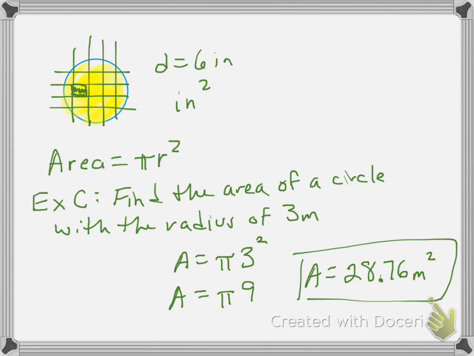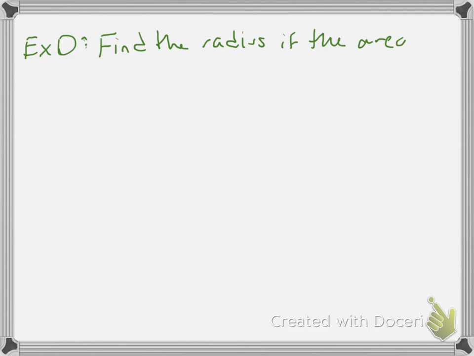Okay, so that's going forwards in the formula, so let's go backwards. Example D. I want to find the radius if the area is 45 feet squared.